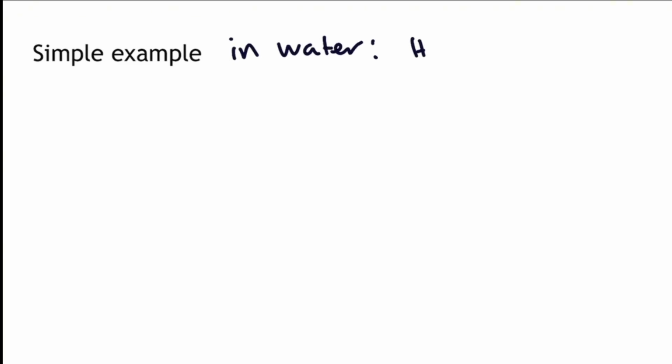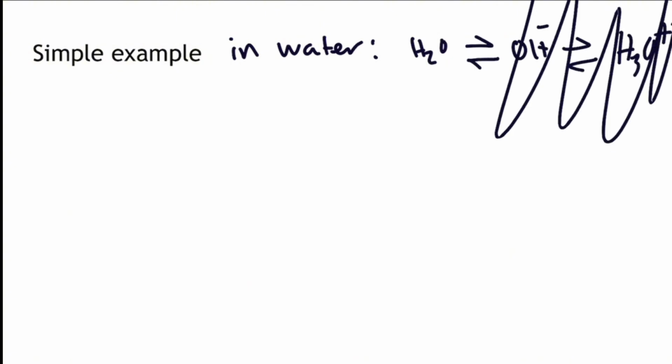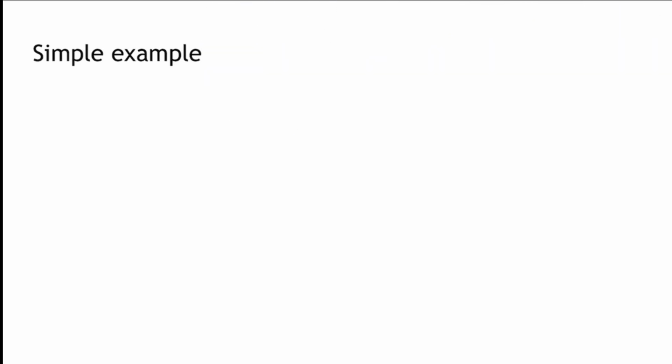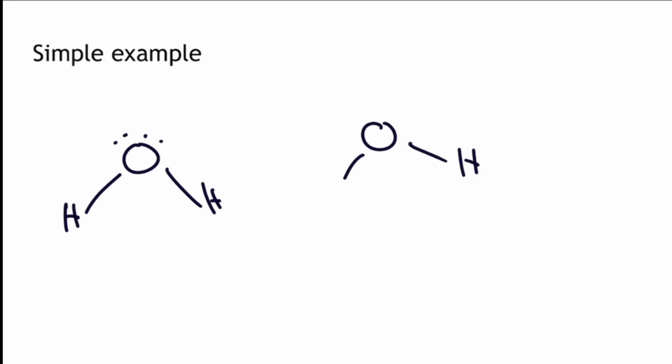In water, we know there are many species like H2O, which is water, but there are also hydroxide and hydronium ions. If we wanted to see the mechanism of how the molecules transform from one to another, we could use everything we learned in this video to do it.